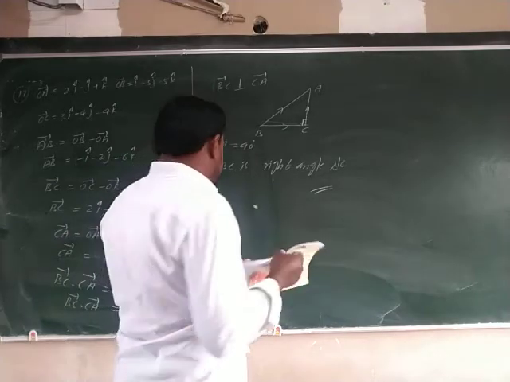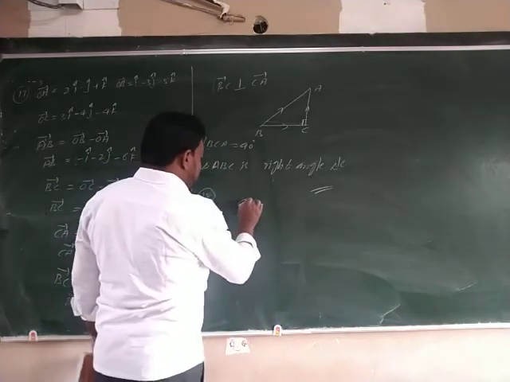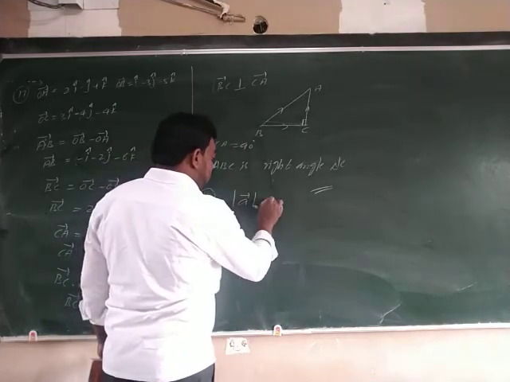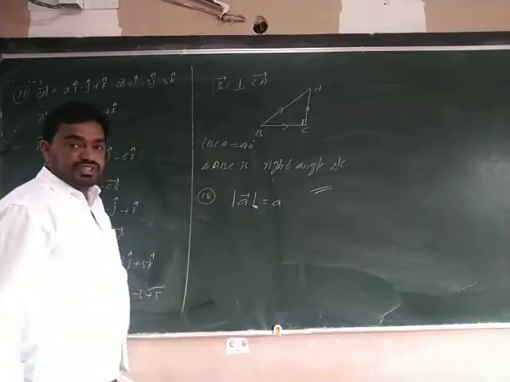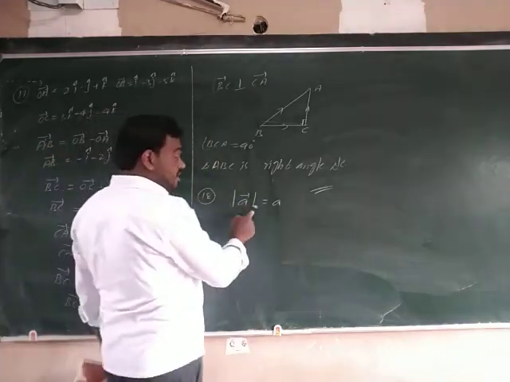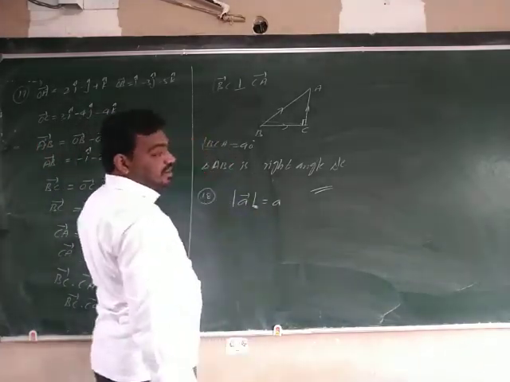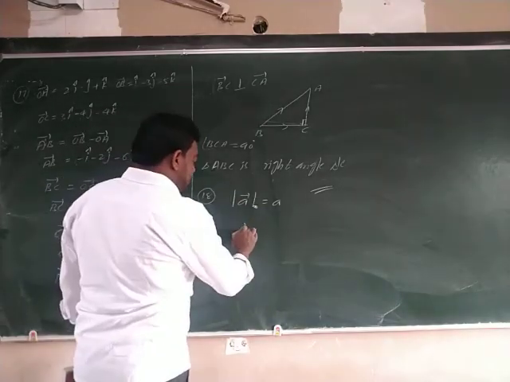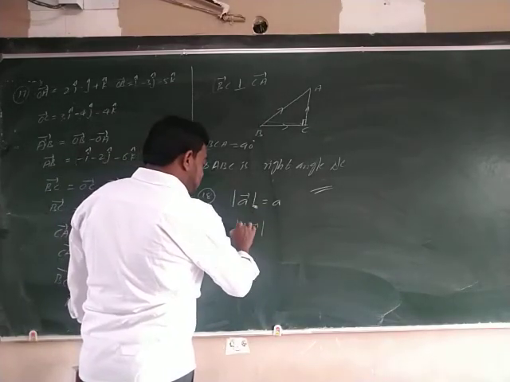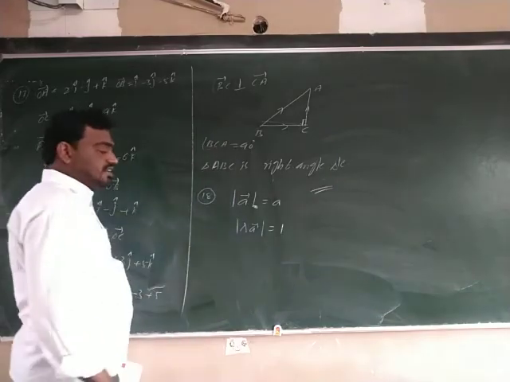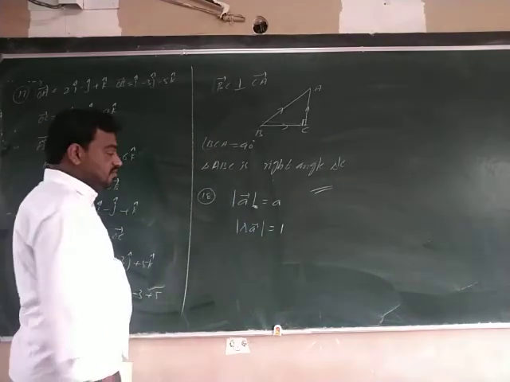What is that? The magnitude of vector A is equal to small a. Understood? And lambda times vector A is a unit vector, so its magnitude is equal to 1.